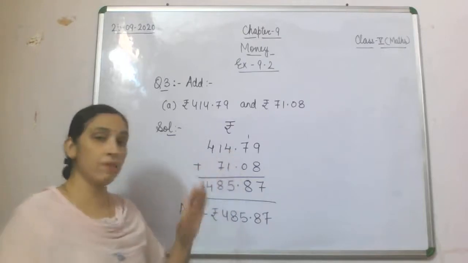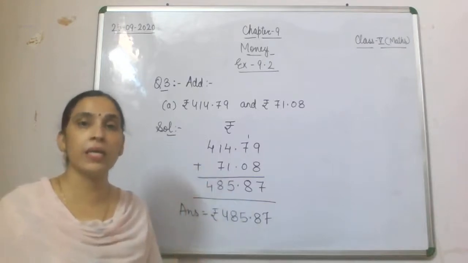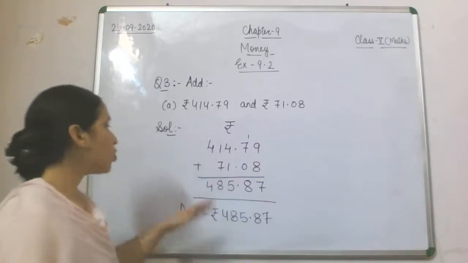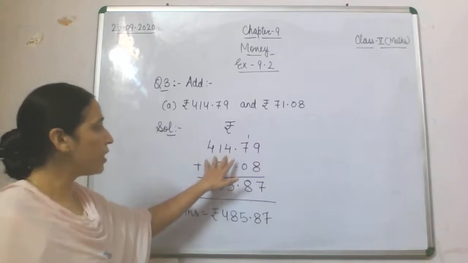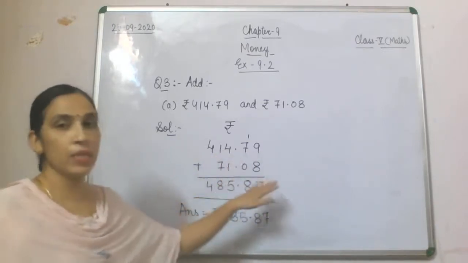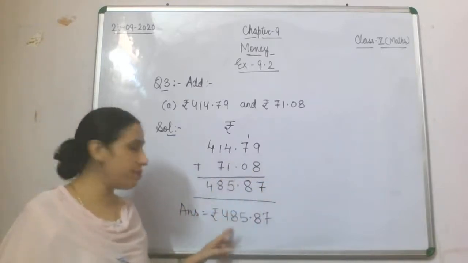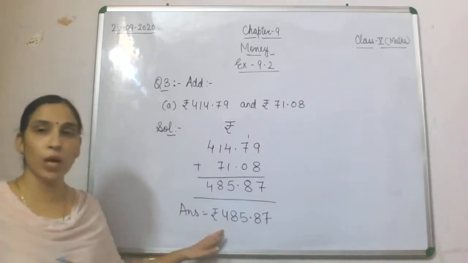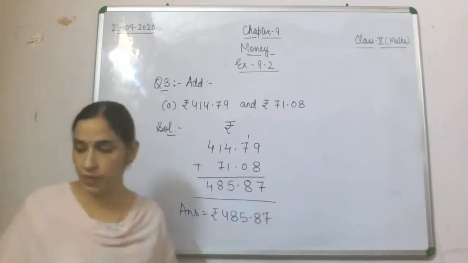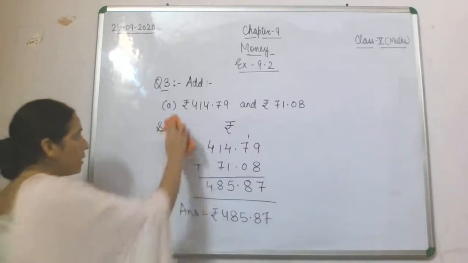This rule we did in the decimal chapter, and the same rule we will apply here in the chapter of money. So here 414.79 plus 71.08. After that you do the addition and we get the answer rupees 485 and 87 paisa. With this we have finished our A part.